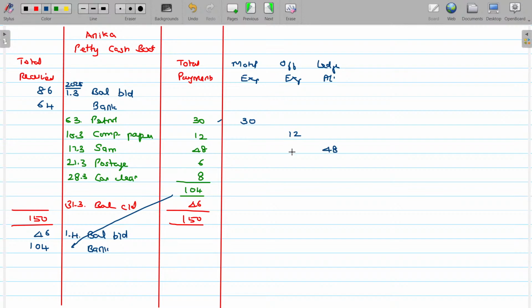Postage is related to the office only. You can guess this way also. Car cleaning is related to motor expenses. That's how you can group. Then overall expenses for motor are 38 rupees, for office 18 rupees, and ledger 48. So this is the broken-up value of this 104. Hope you are now able to understand. Clear?